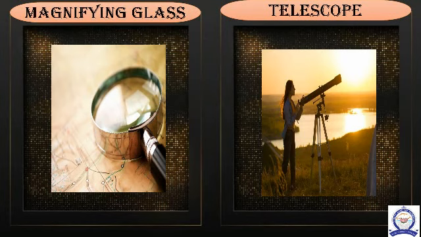A simple telescope consists of two lenses at a fixed distance from each other inside a tube. The lens facing the object collects light coming from the distant object and focuses it to form an image at a certain point in the tube. The lens close to the observer's eye magnifies the image so that the object appears larger.